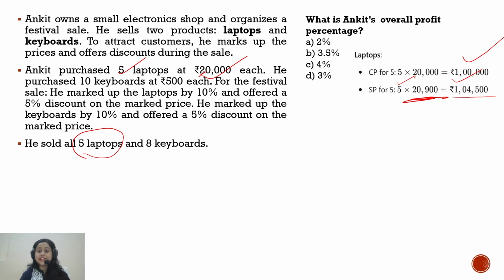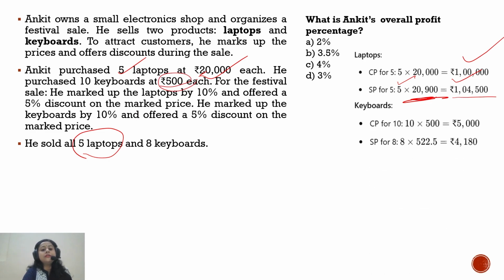Let us see what is the case for keyboards. For keyboards, the cost price is already given for each keyboard, and he has purchased 10 keyboards. So 10 into 500 will give the total cost price for keyboards, which is 5,000. But he was not able to sell all 10 keyboards. So 2 keyboards were literally wasted.